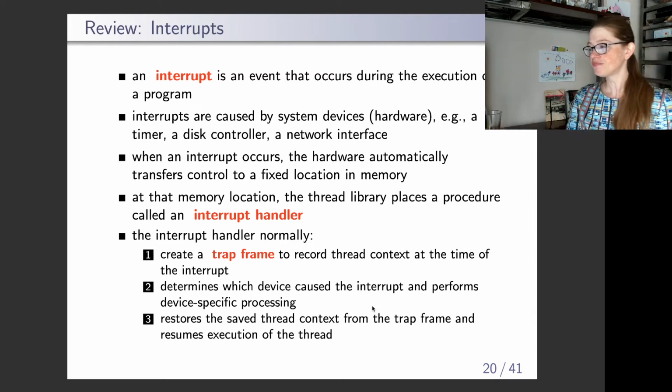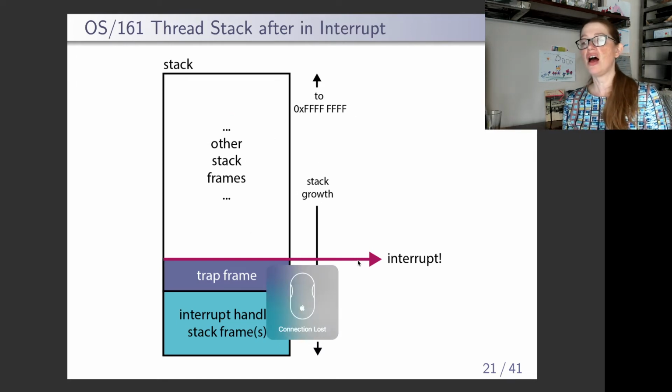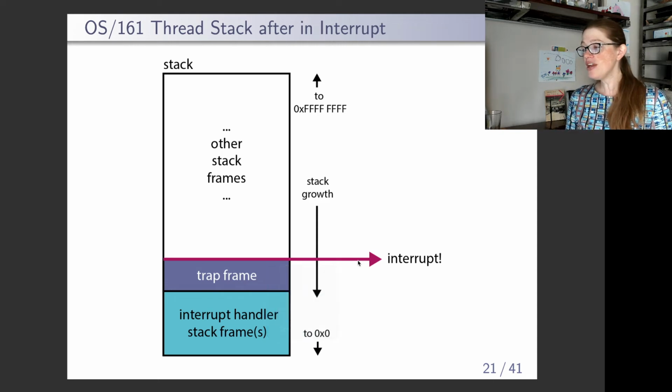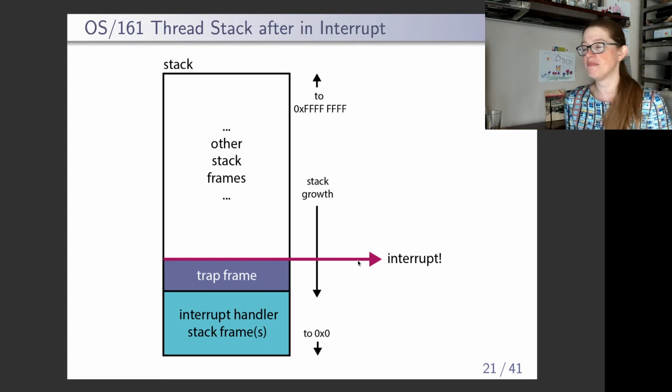All right. So, what does that look like? Now, over this term, we are going to update what our stack looks like a few times. For now, our stack frame is going to remain pretty simple.